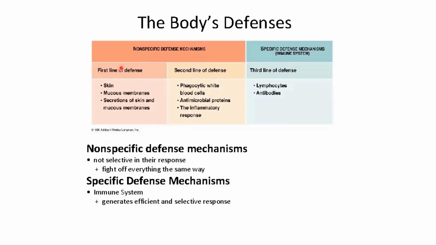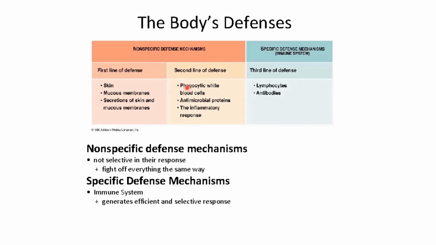There are thousands of bacteria in the environment that we are regularly exposed to, but the skin and the membranes under the skin do not let those pathogens go inside very frequently. But if somehow the pathogen crosses this line of defense and enters into the body, then there is a second line of defense to protect us, and those are the phagocytic white blood cells.